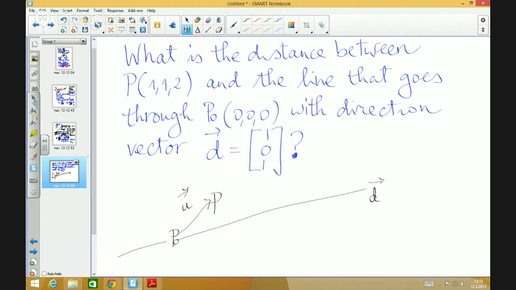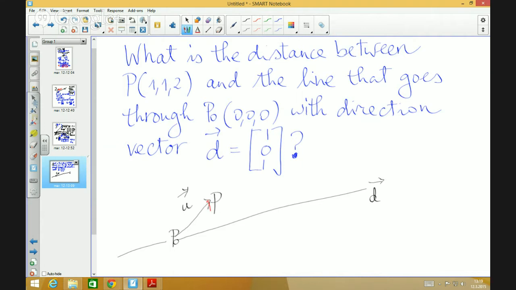Well, what is this distance? How do I measure it? I can take a laser beam, a light beam, and let it go from P in the direction of the line. And what I want to measure is the length of the light beam of my lightsaber up to the point where it hits the line.